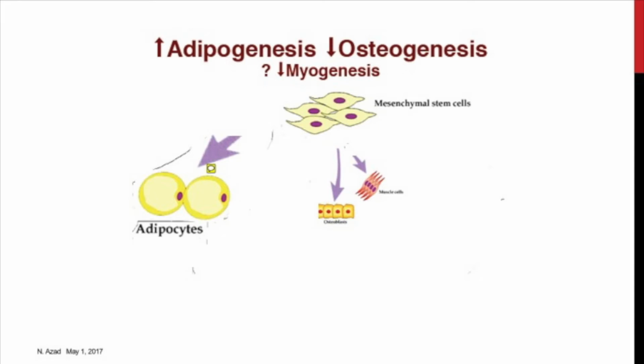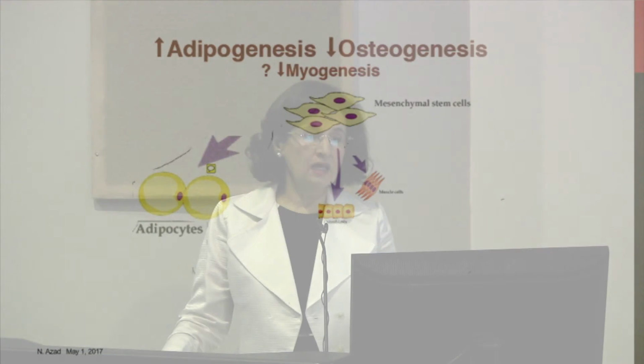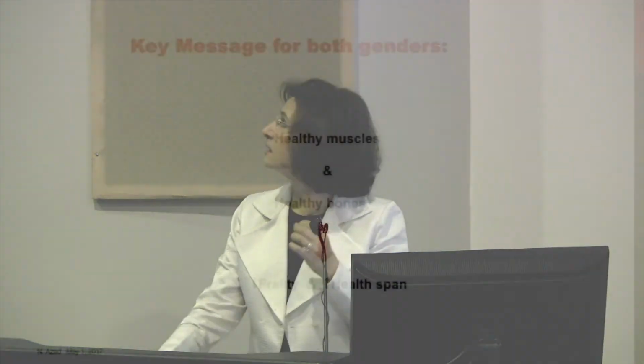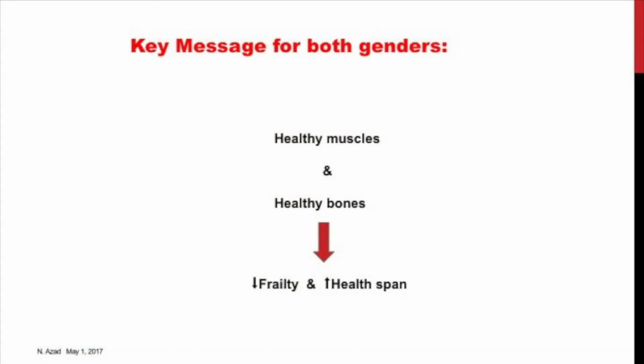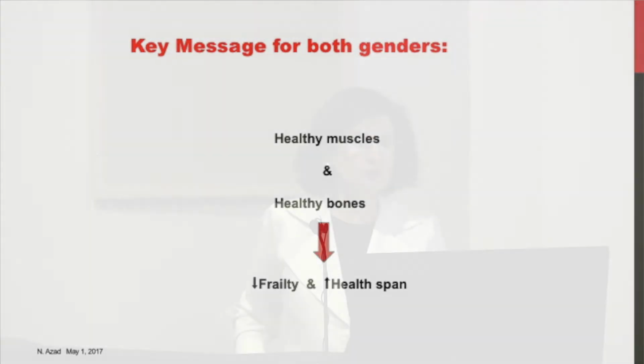And we know we can prevent that. And maybe even we can reverse that. So the key message here is that for healthy aging, for both genders, we need healthy muscles and healthy bones to prevent frailty and improve our lifespan. So how do we move forward?